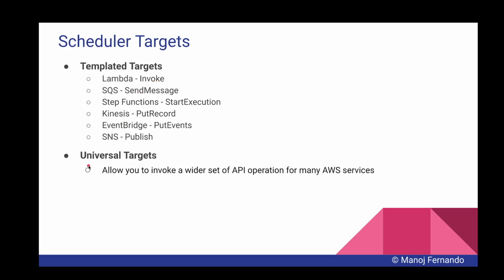It also supports universal targets. Universal targets support a wide range of API operations across many AWS services. At the beginning, if you remember, we discussed that AWS EventBridge Scheduler supports 270 plus AWS services and 6,000 plus API operations.